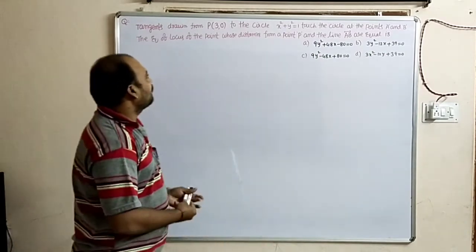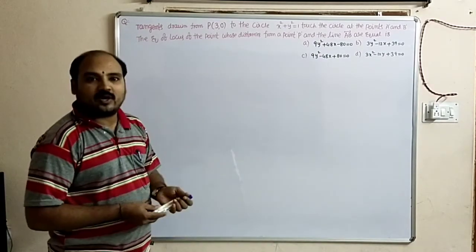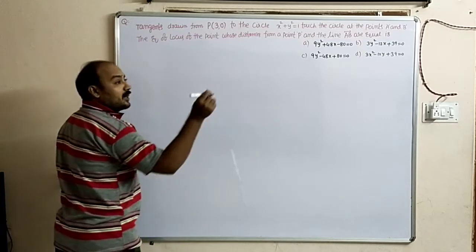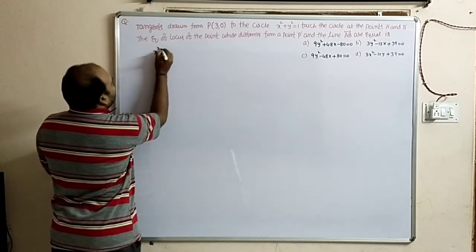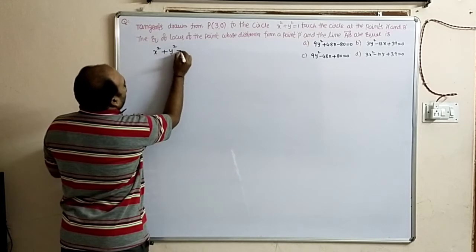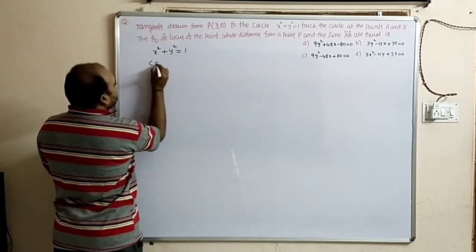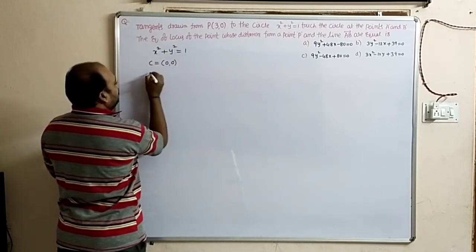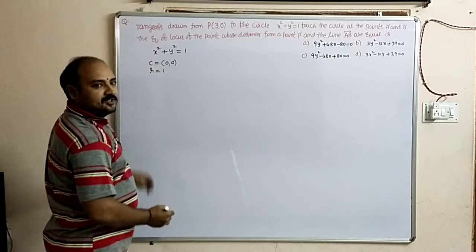See that here x squared plus y squared equal to 1 is a circle, a standard equation of a circle, whose center is (0, 0) and radius is 1. Not required, but we have to know that.